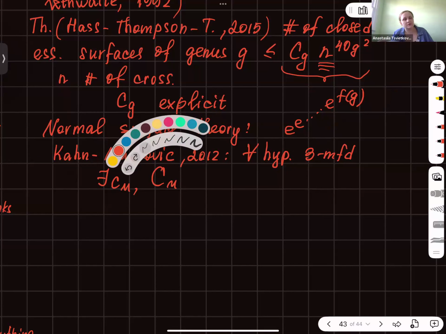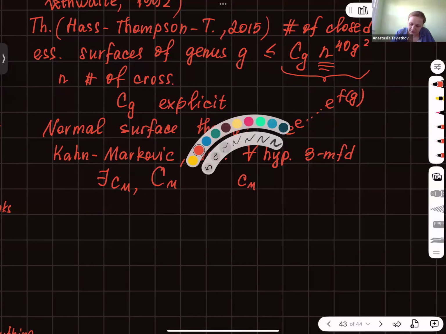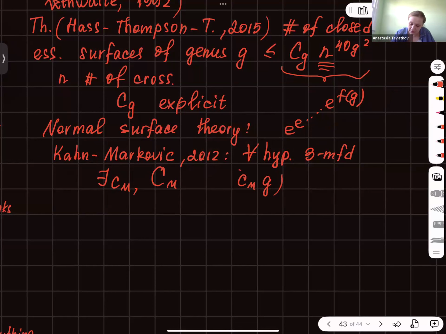So for any manifold, there exist its own two constants, and then the bounds are, you get C_M G to the 2G as a lower bound, and then you get an upper bound with capital C_M, the same way. So what's different here is, on one hand, of course, you have a very general family of manifolds, but on the other hand, you get an exponential bound with some constants that change from manifold to manifold. So you don't get this benefit of being universal or explicit as you can for alternating links.